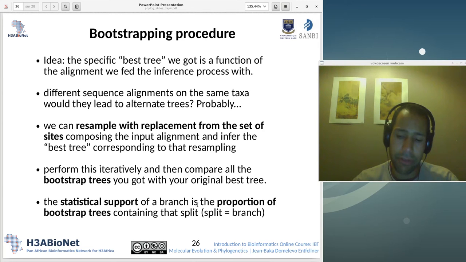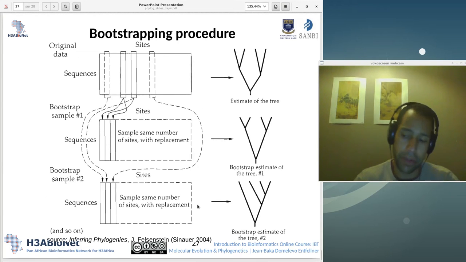So let's see graphically what this means, this bootstrapping procedure. And this illustration is also thanks to Joe Felsenstein. It's from his book Inferring Phylogenies, published by Sinauer Associates, 2004. So we have, at the beginning, forget about the bottom of this slide.